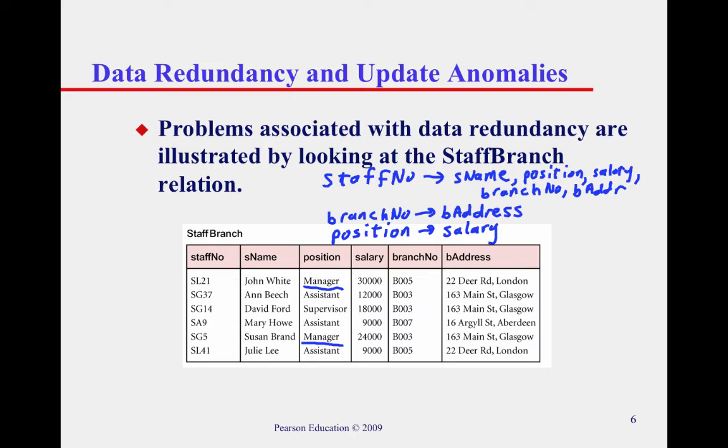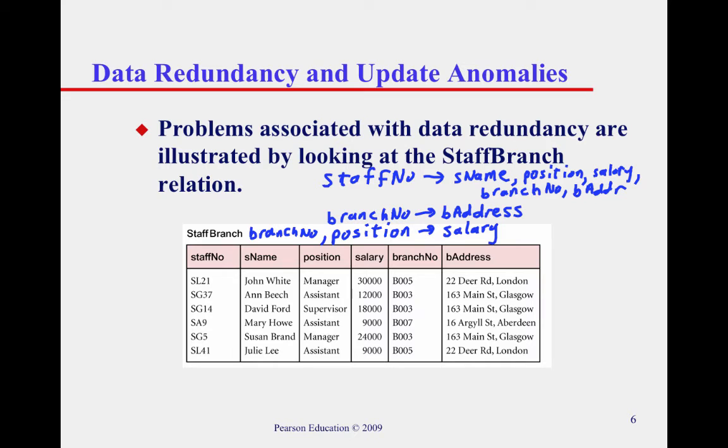Now, I believe the book made the claim that a branch number and a position determined a salary. So that would be something you would get presumably by interviewing people. So that's a good one. There's one more in here.